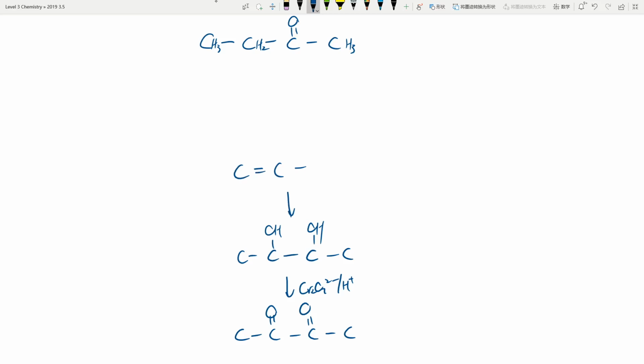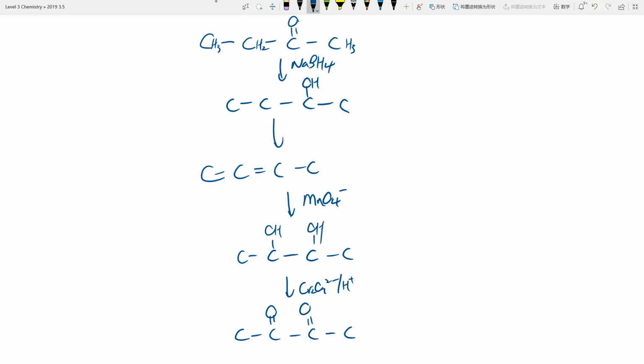I use this. I didn't put H's. Make sure you put H's. Sorry, I'm just being a little bit lazy here. This is when you use MnO4 minus. And then how do I make the alkene? You use the alcohol, and then you use the sodium borohydride.